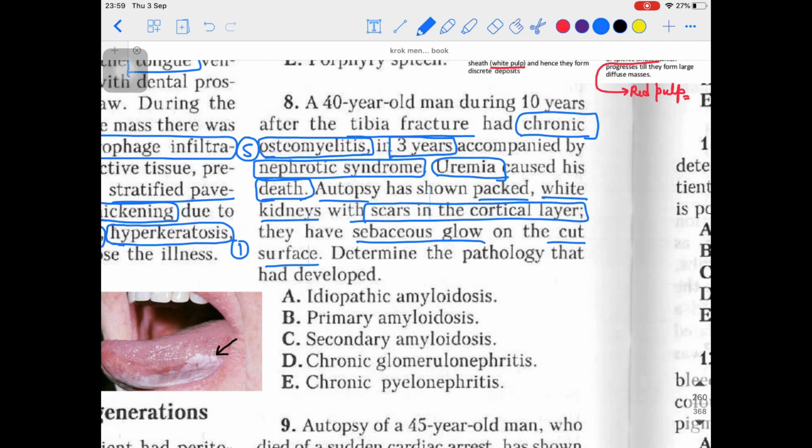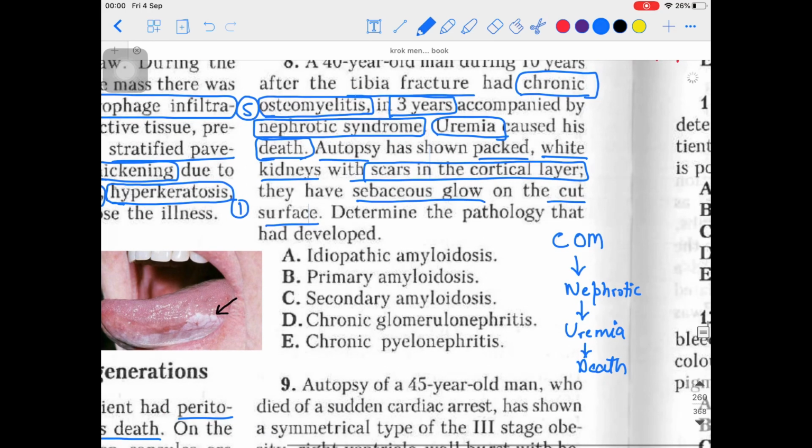First chronic osteomyelitis was there, then nephrotic syndrome came, and then uremia happened, which led to the death of this patient. This is the case of secondary amyloidosis, because it is happening because of osteomyelitis.